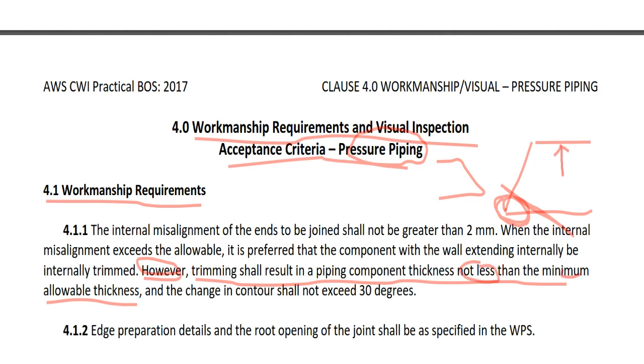So if the minimum or lower thickness is right here, 10 mm, then by this trimming, the thickness here should not be less than 10 mm. And when you trim here, changing the contour, the contour should not exceed 30 degrees.